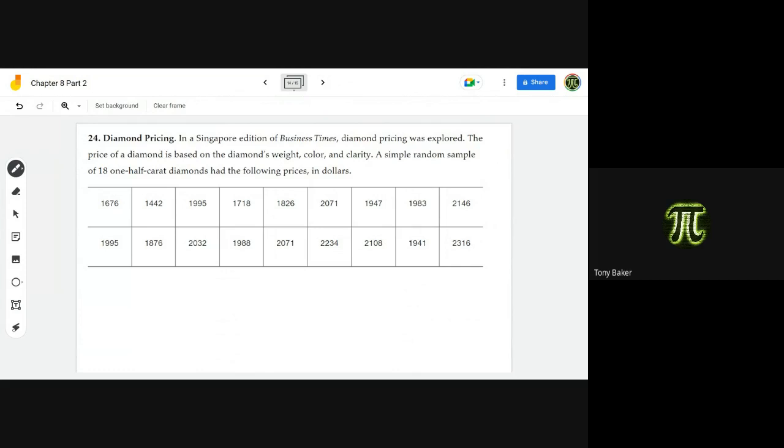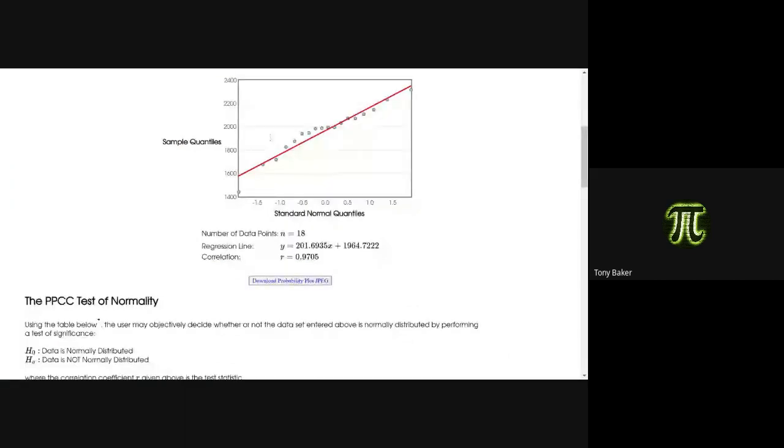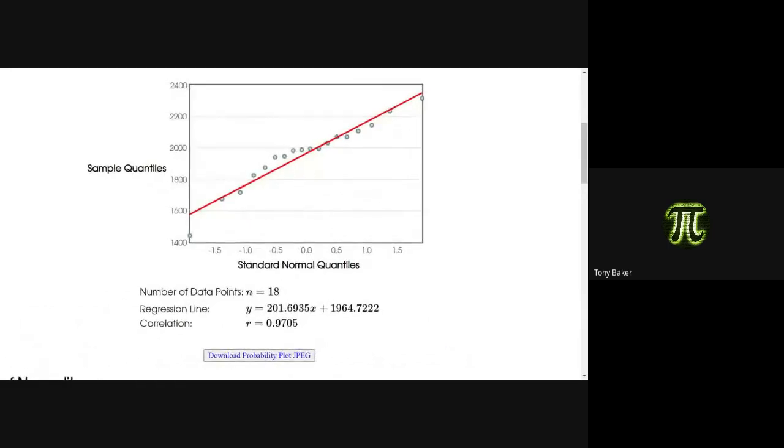It's a random sample, they told me that. Great. Is it normally distributed? I don't know, so I have to find out. So let's look. If I look, that's what I get. Pretty close to a straight line, right? So we're going to go with it being normally distributed.